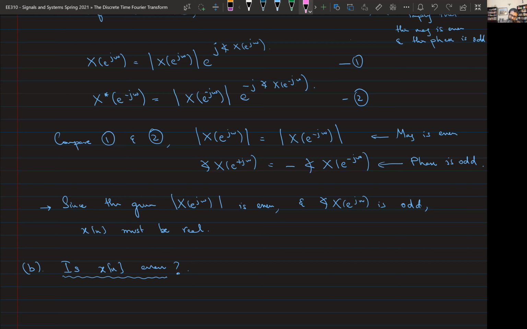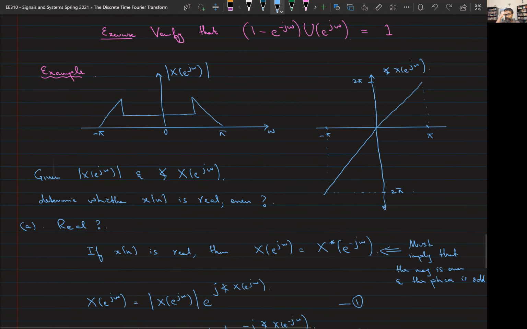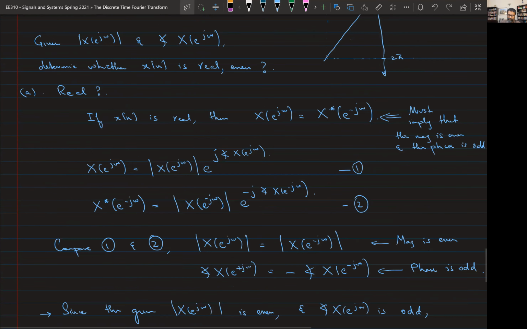The answer to this, so nobody has an answer to this: is x[n] even? If I just look at these two curves, the magnitude curve and the phase curve, can I say something about the evenness of x[n]? Right, the answer is yes, I can.